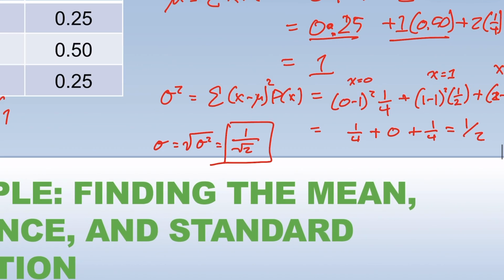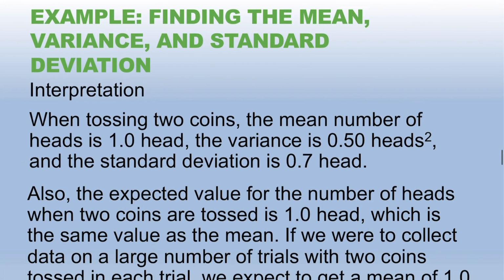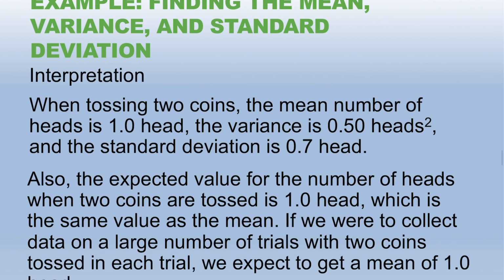All right, so what's the interpretation? When tossing 2 coins, the mean number of heads is 1. That's the expected number of heads. If I repeated that many, many times, I would expect to average 1 head per toss.